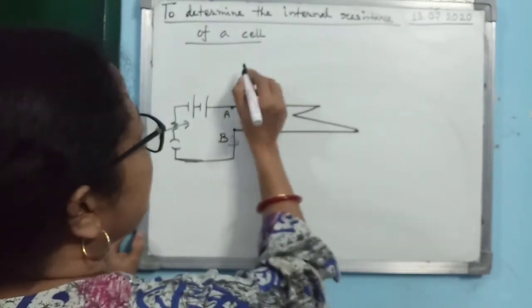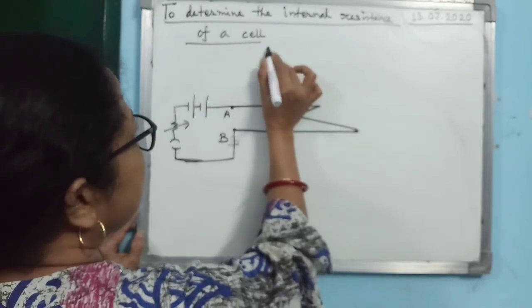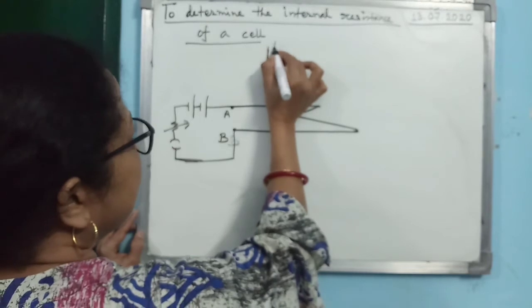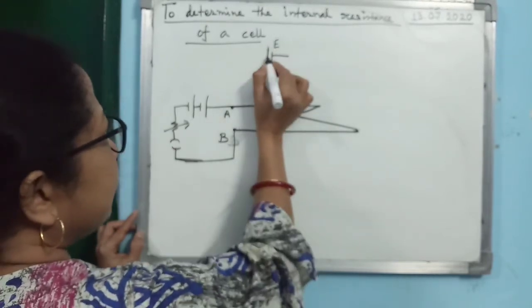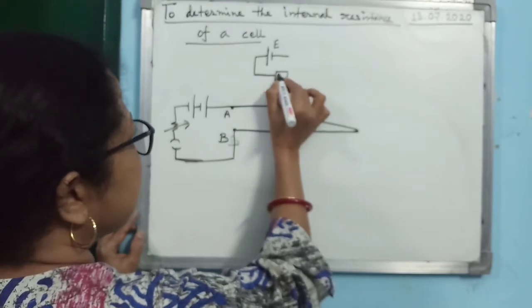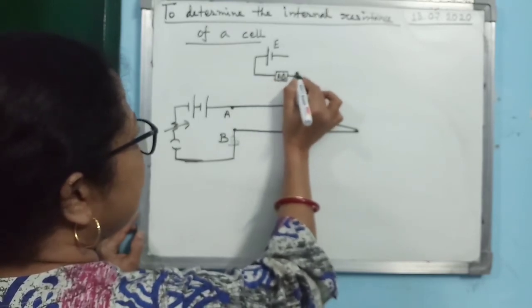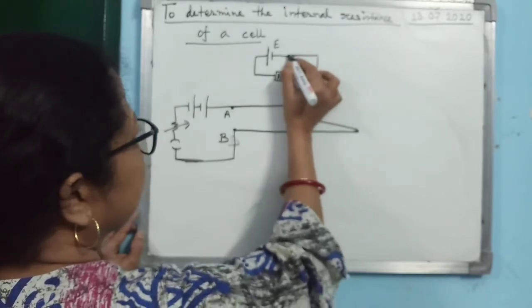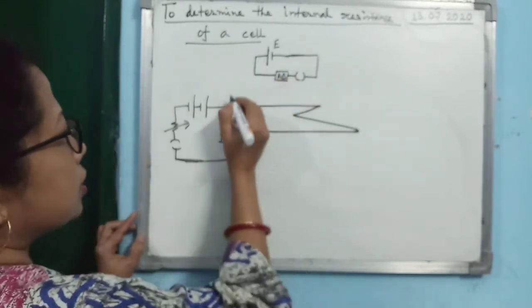Now suppose you want to find out the internal resistance of this cell, whose EMF is E. Then with the cell you connect one resistance box. Now here there is a key, and these two are connected together.